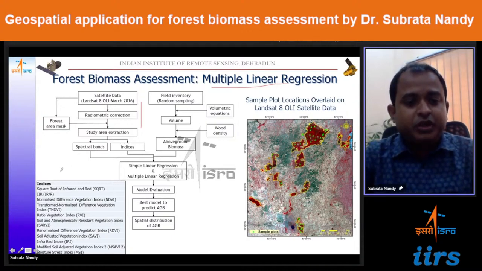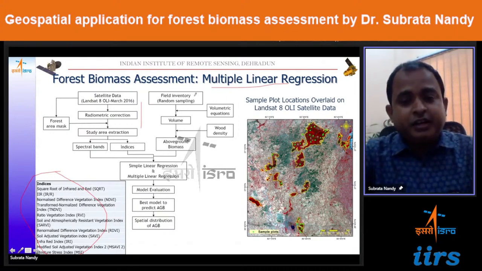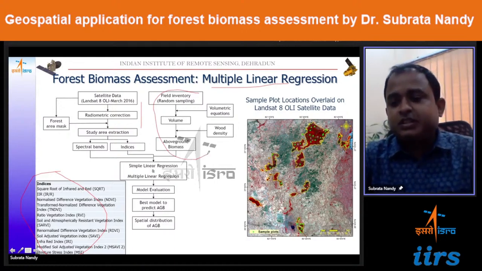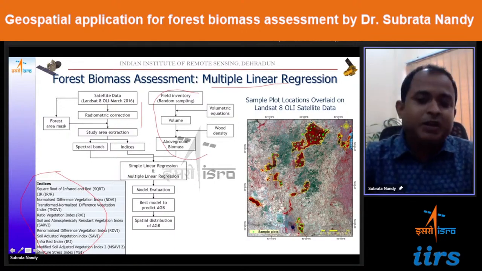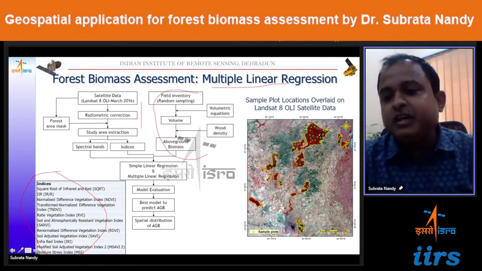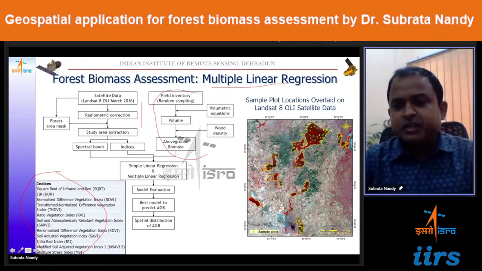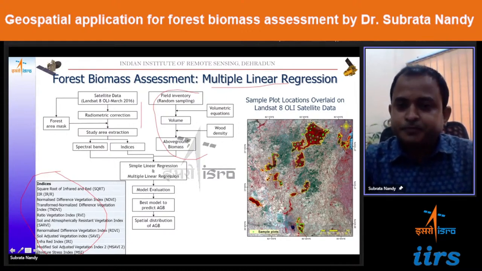Now here we are using 11 satellite data derived variables, or you can say spectral bands as well as indices. The field inventory remains the same. Since this area is a sal plantation area, it is homogeneous, so we did only random sampling in this area.